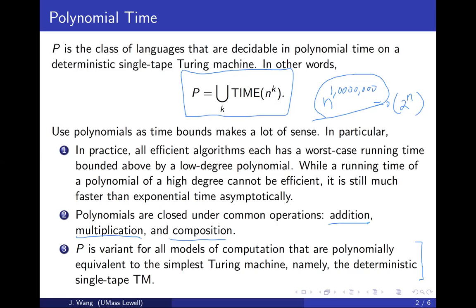Okay, equivalent means that if a language is accepted by a computation model, like Turing machines with two-dimensional tapes, that kind of thing, then it is accepted by a Turing machine with a single tape within polynomial time bound.